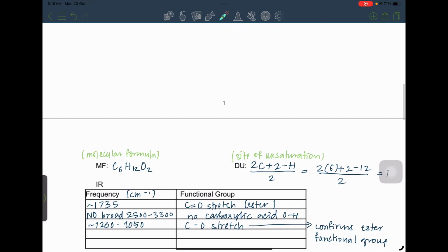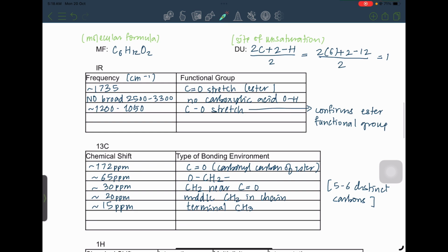The first step is analyzing the degree of unsaturation. I'll go step by step in how I calculated the DU, the degree of unsaturation, and also how I interpreted the spectra and how everything came together to reveal the final structure that I've drawn from all of the data that we have.